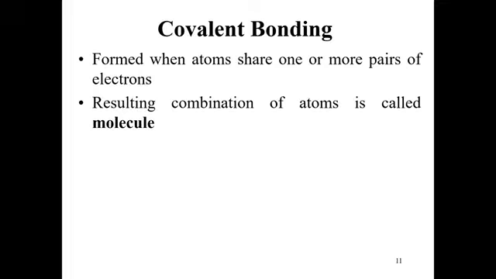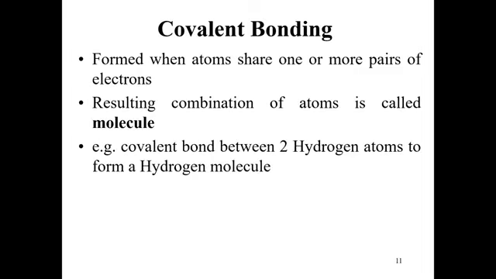The resulting combination of atoms is called a molecule. A molecule is any compound that has more than one atom. So covalent bonds between two hydrogen atoms form a hydrogen molecule. Okay, so I would like to explain why two hydrogen atoms form a hydrogen molecule.